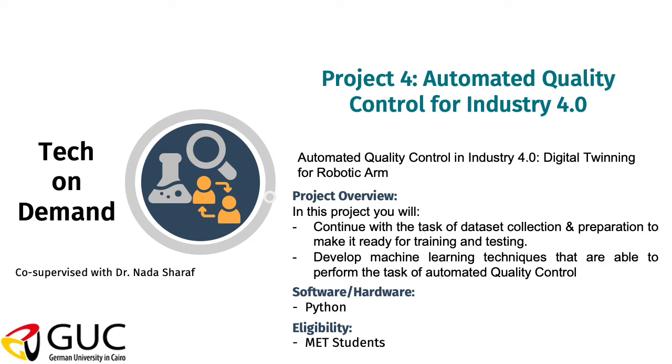For this, you need to be proficient with Python to work with the machine learning techniques, and you need to have an interest in hardware, because most of the time we would be working on the actual robotic arm to configure it and let it operate as efficiently and as correctly as possible.